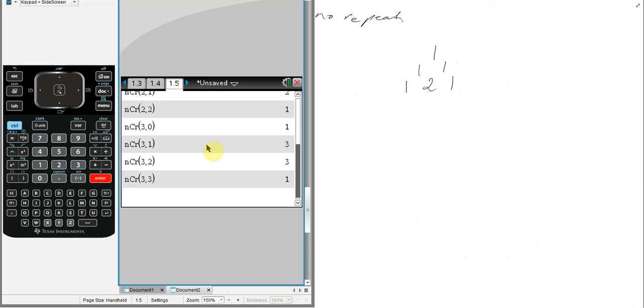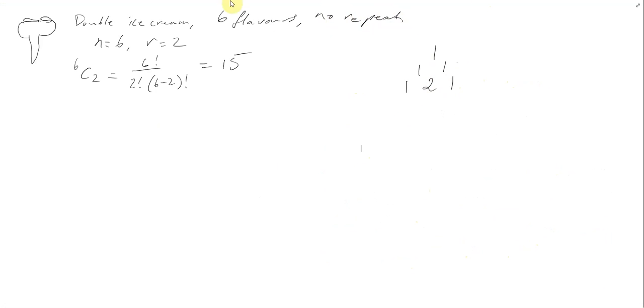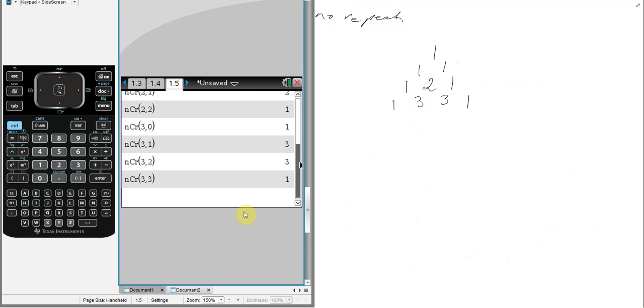1 way. So for our 3 objects, we have 1, 3, 3, 1. Okay, let's jot those down. Let's just do the 4s and then we'll discuss the pattern.